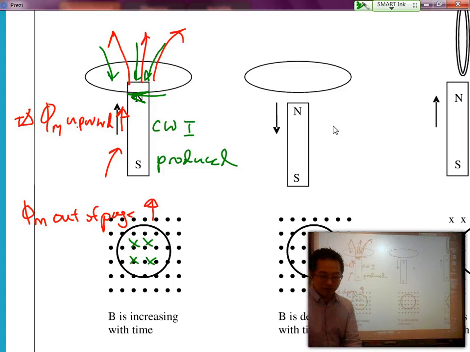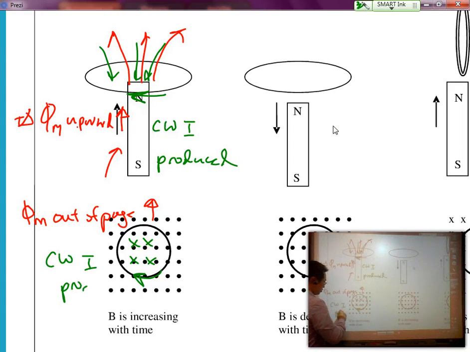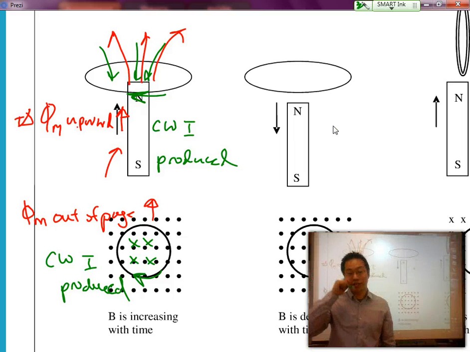So in this case over here, if I have a loop again, the magnetic field is going into the page being created by the loop. And again, you can see that my finger is pointing to the left. So over here, I still have a clockwise current produced, okay? Because it's the same problem as above, it's just from a different orientation.